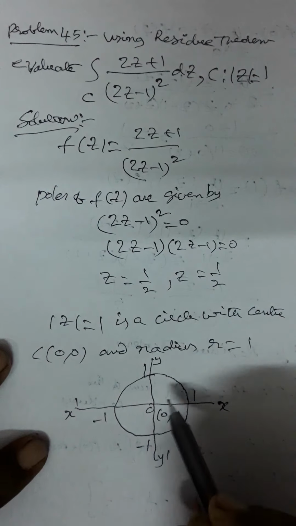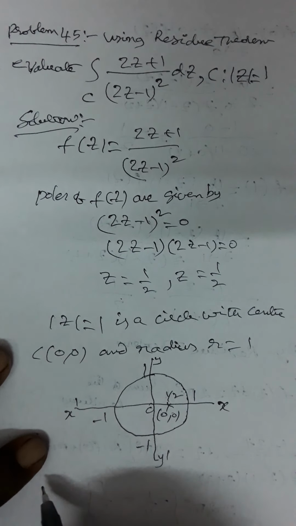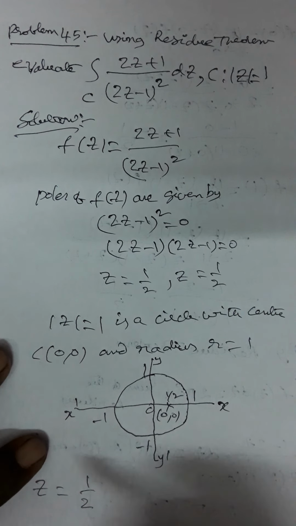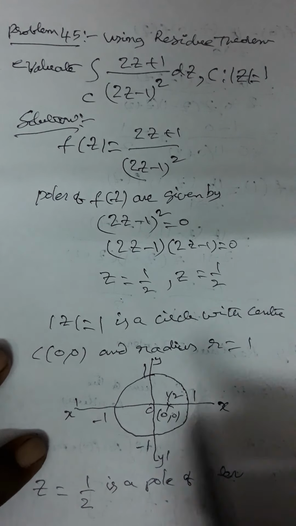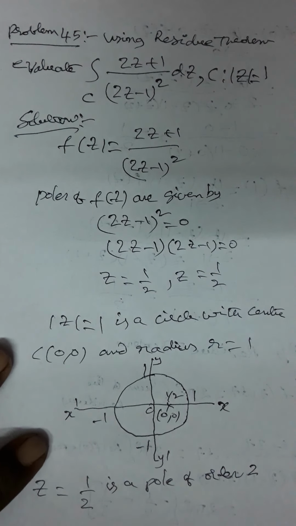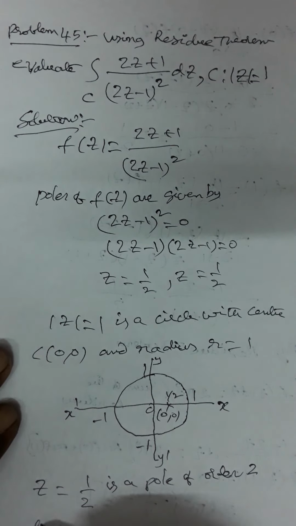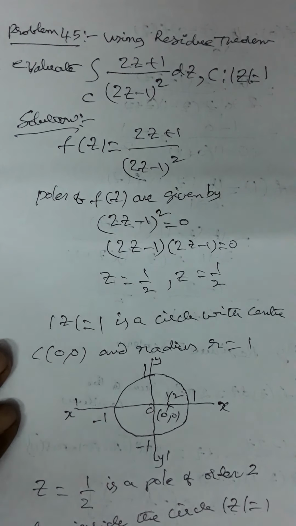So z = 1/2 lies inside the circle. z = 1/2 is a pole of order 2, and it lies inside the circle |z| = 1.